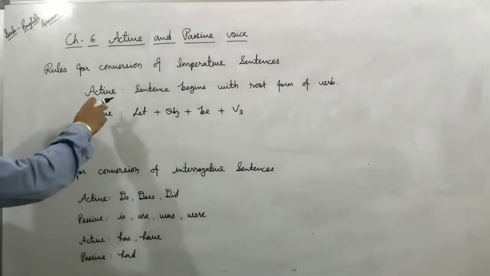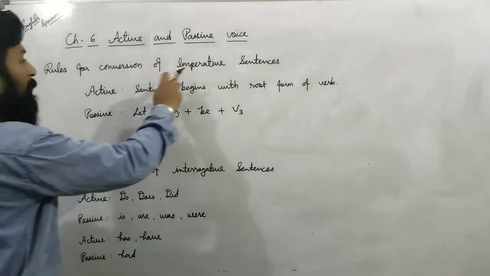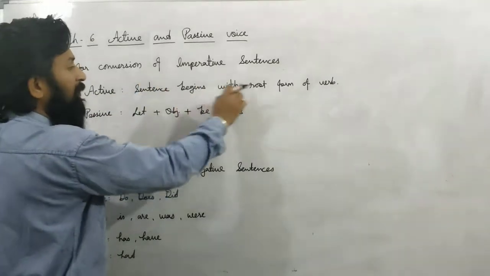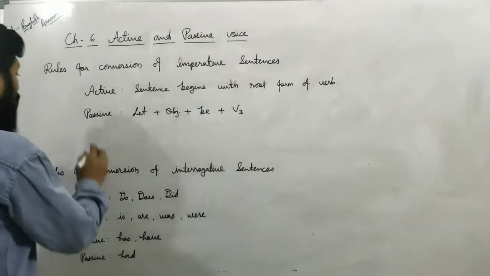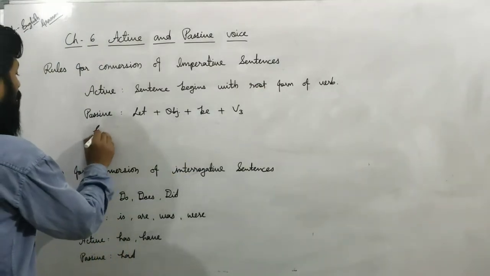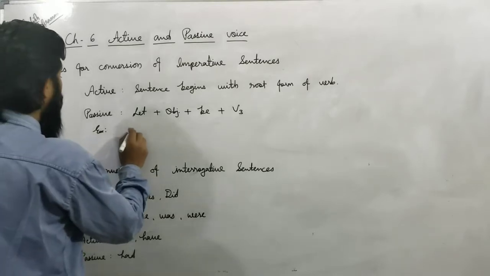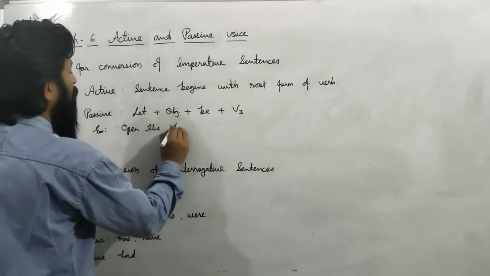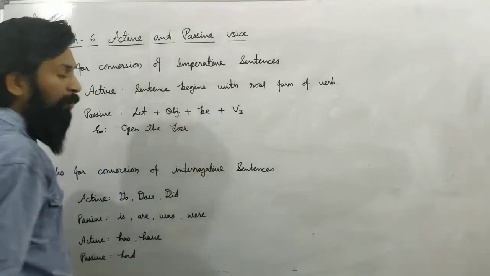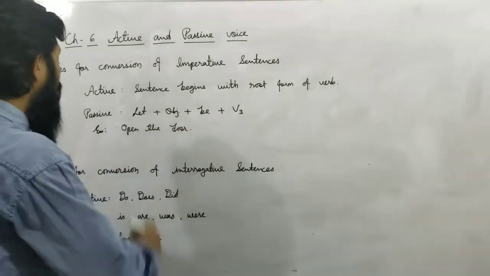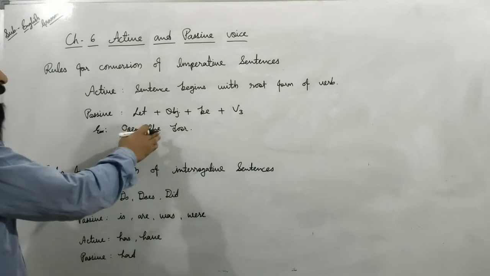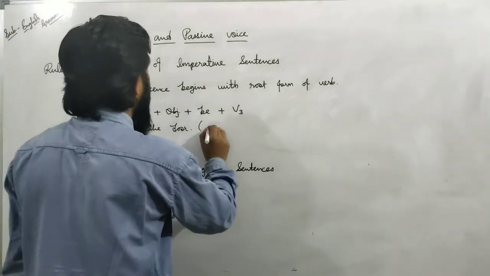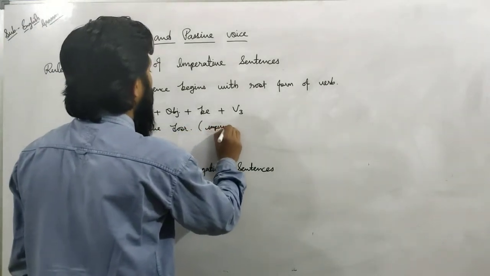The rule is written here. We know that mostly an imperative sentence begins with the root form of the verb. I will write one example: open the door. Open the door means anyone is ordered or requested for that thing, so it is an imperative sentence.